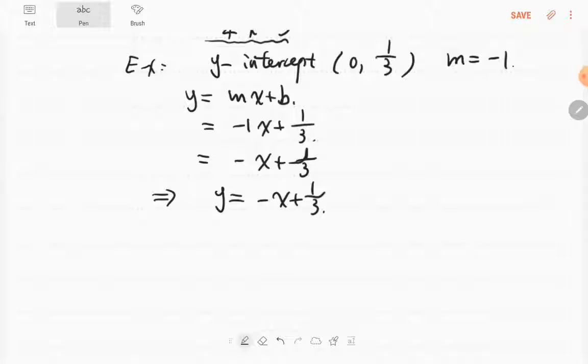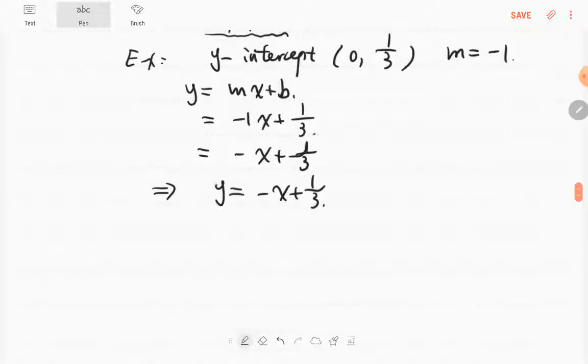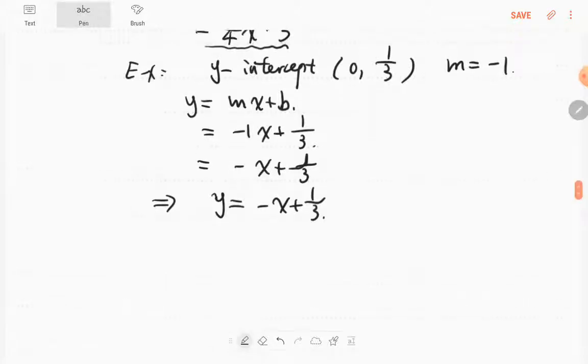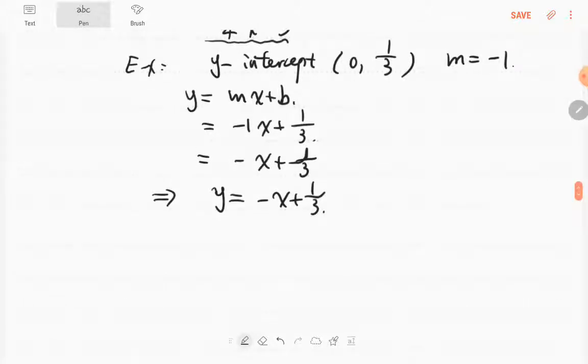But sometimes the question asks you to list the standard form. Now we cannot directly leave the slope-intercept form as our result. We still need to switch back to the standard form. So remember, standard form should be like this way.